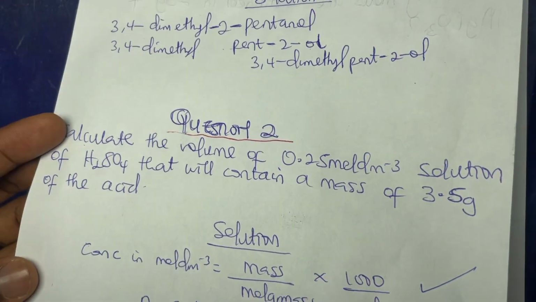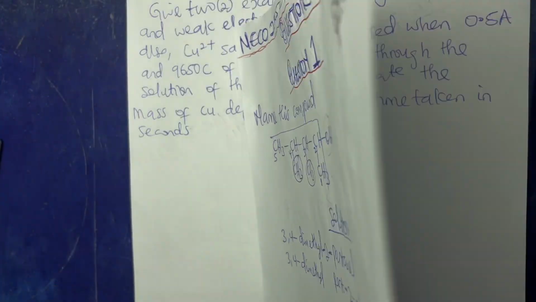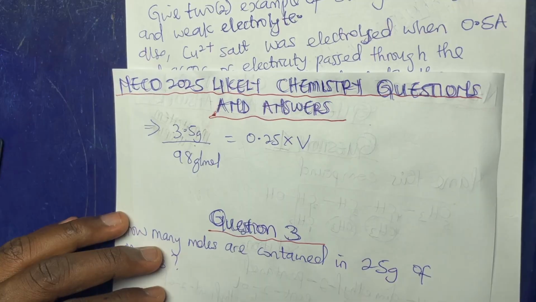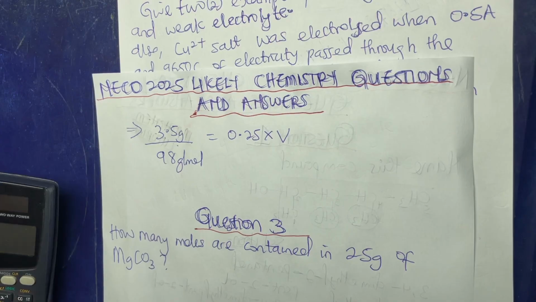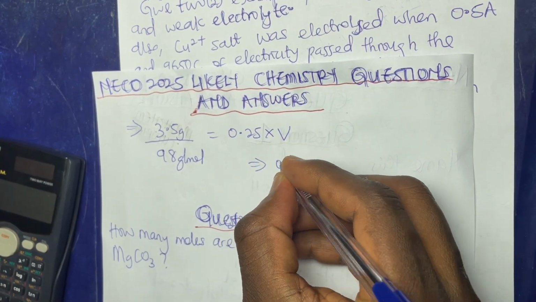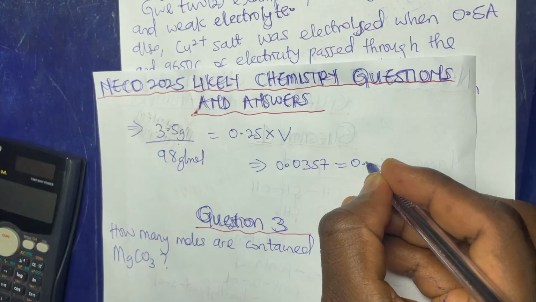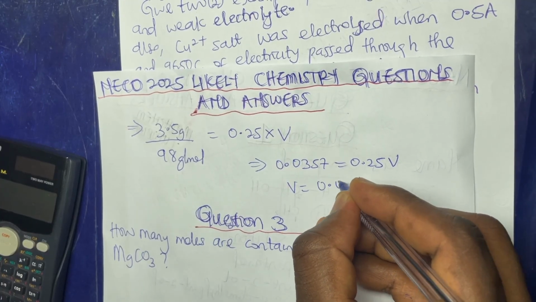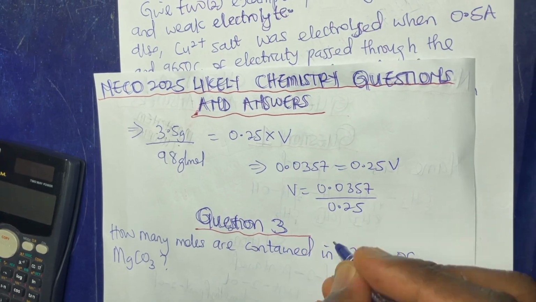From here I can do the mathematical arithmetic by saying 3.5 divided by 98, which equals 0.0357, equals 0.25 V. And finally V is going to be 0.0357 over 0.25.